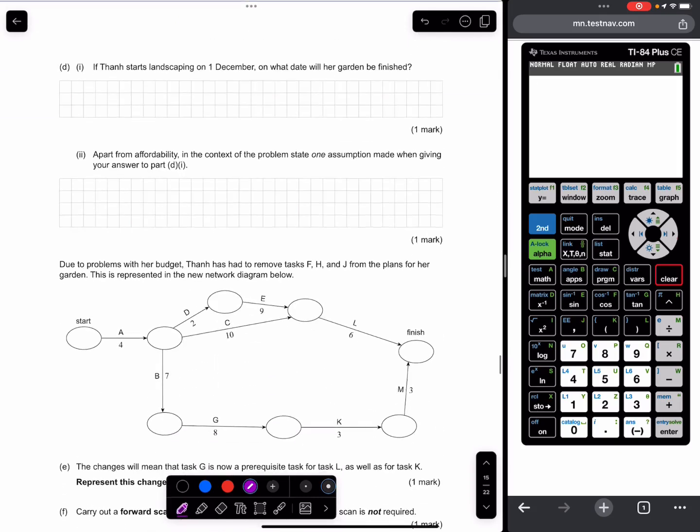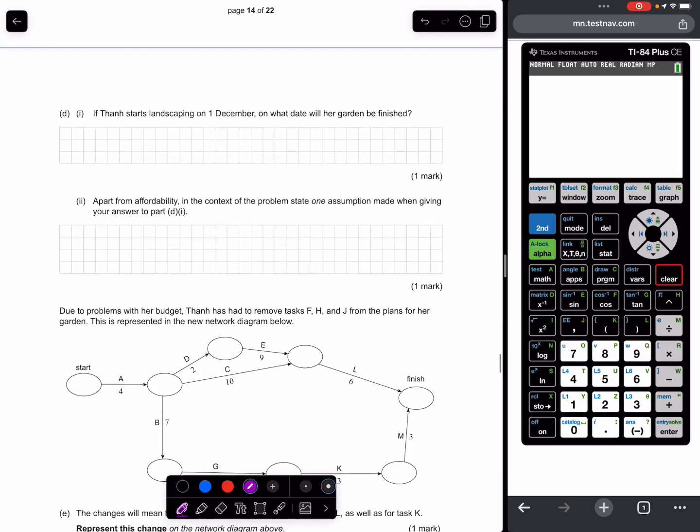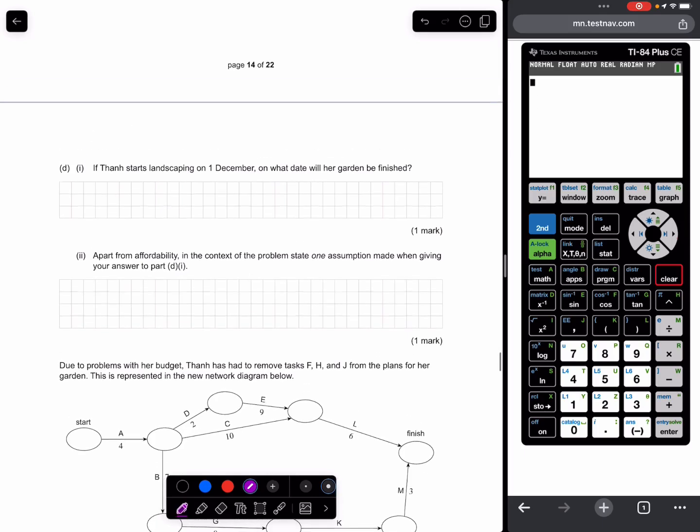Page 14 done. If Tan starts landscaping on the 1st of December, on what date will the garden be finished? Well, it starts on the 1st plus 25 days, 26th December.